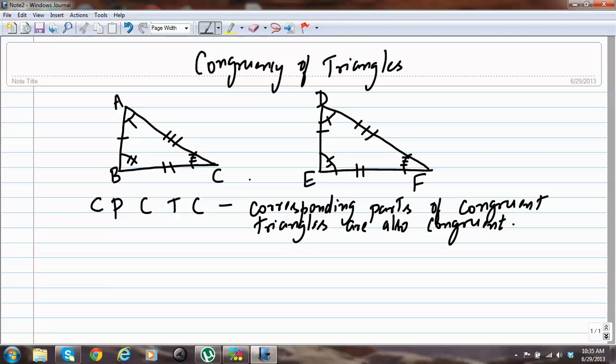How do you understand this? CPCTC: corresponding parts of congruent triangles are congruent.